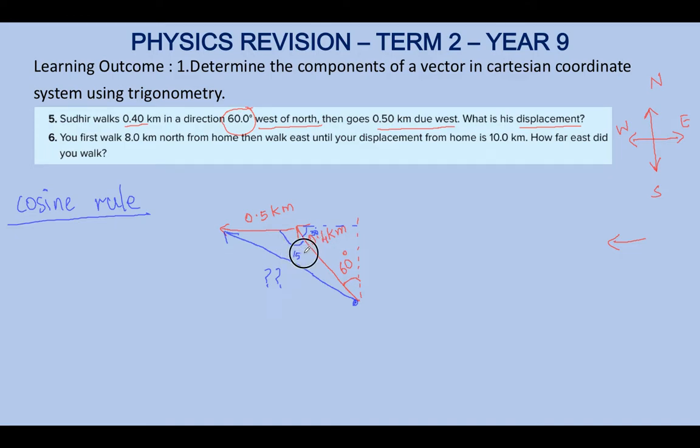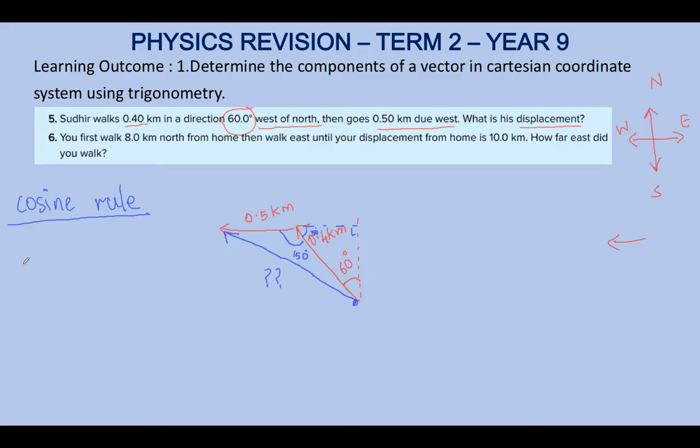You will find out this to be 150 degrees. Okay, so this is another triangle. This angle would be 90 here. This is 60. You work this angle out, and there is more than one method of finding it. Okay, so now we've got 0.4 kilometers here, 0.5 kilometers here, and the angle is 150 degrees.